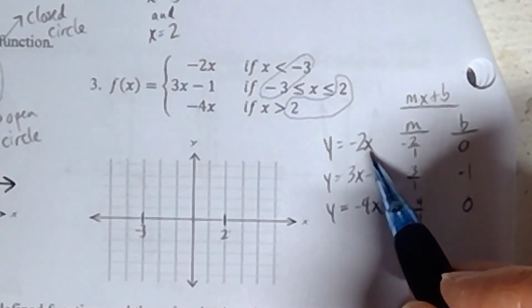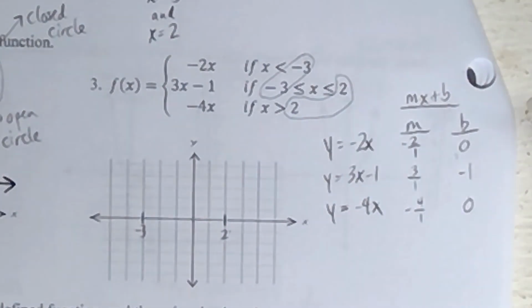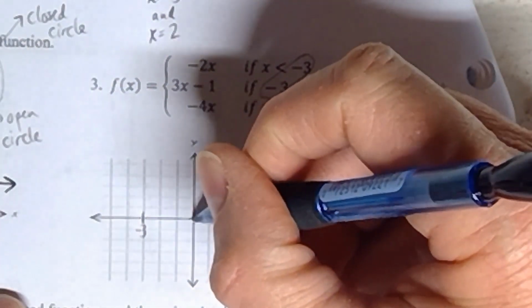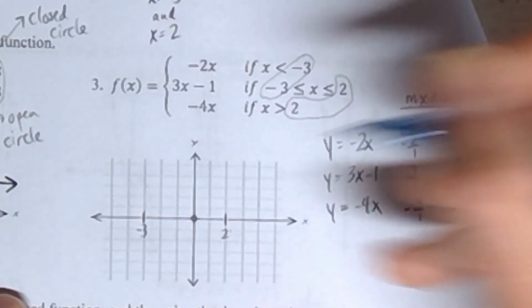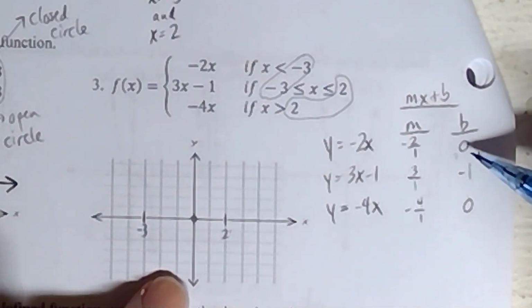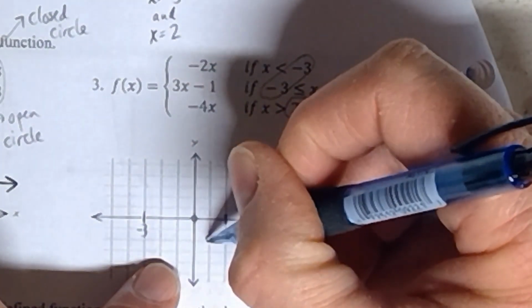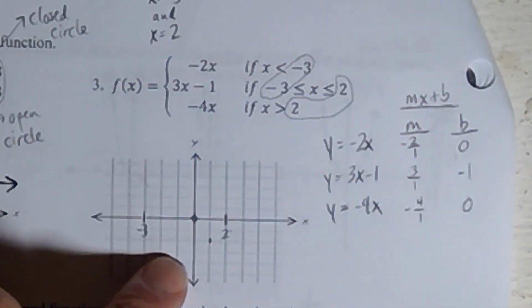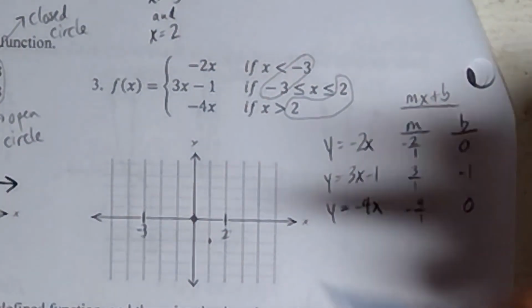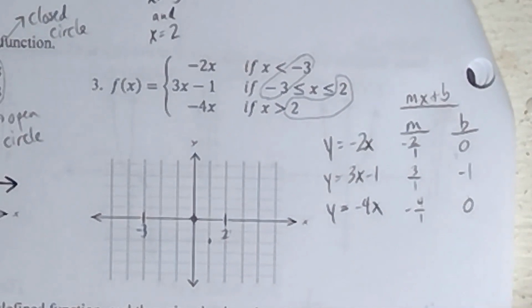So the first one would normally be -2x. Normally you would graph, again, don't graph this too dark yet because we're going to erase some of it. We would normally start at b equal to 0, and then go down 2 and over 1. But there's a problem here. This graph is really not big enough for this.